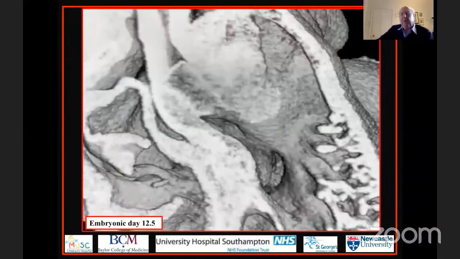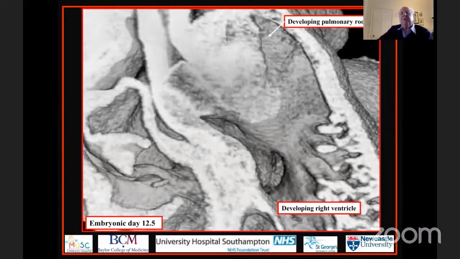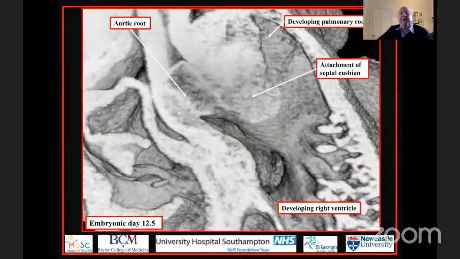So here I've stepped back 1 day again in murine development. It's a different data set, and I've made my cut here through the attachment of the septal outflow cushion. So there you see the cavity of the developing right ventricle, the pulmonary root, the aortic root separated by the attachment of that septal cushion.